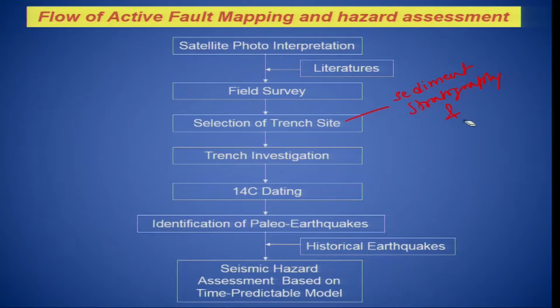Okay. And then we try to understand when exactly that earthquake took place in the past. Then based on the chronology of the layers or the sediments, we identify the earthquakes. So, we try to bracket the events when exactly that earthquake took place.